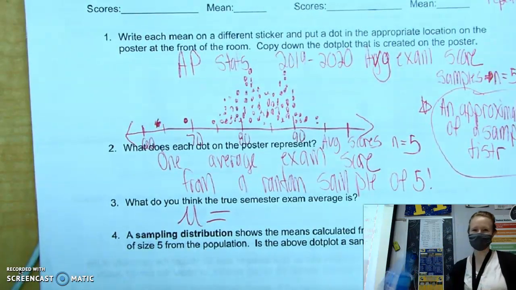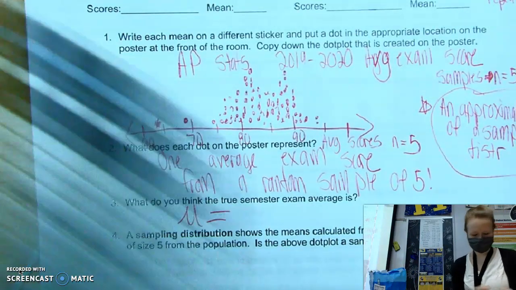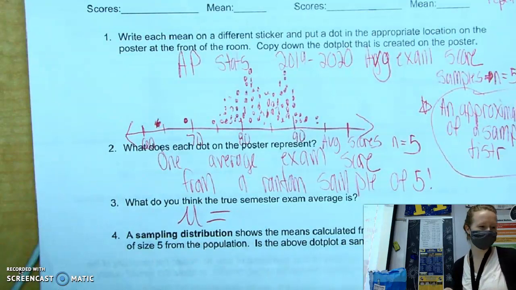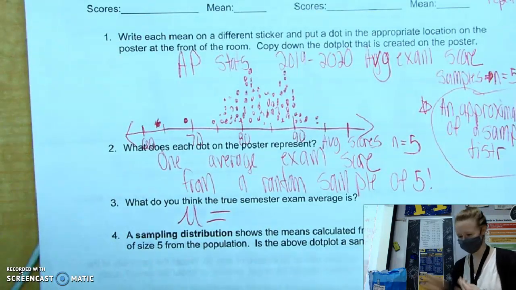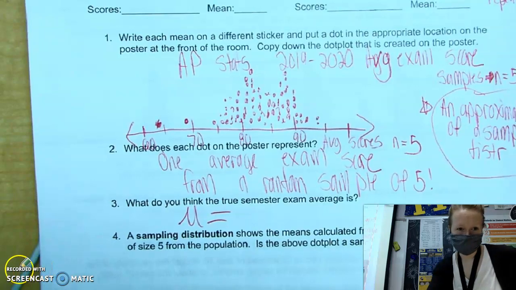Where is your mean going to go based on your graph? Let's see how good of an approximation you guys can get. Use decimals. Percent.